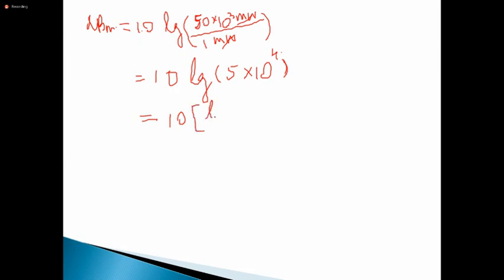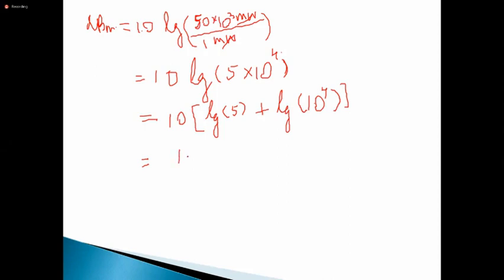So 10 into log 5 plus log 10 to the power 4, right?